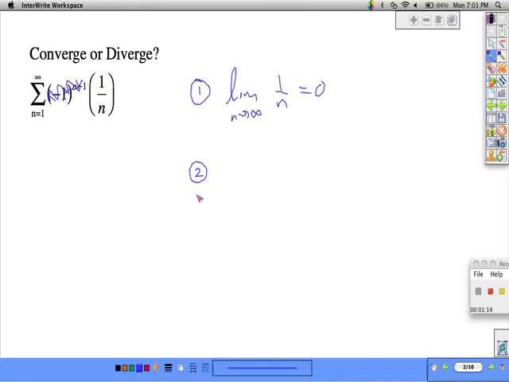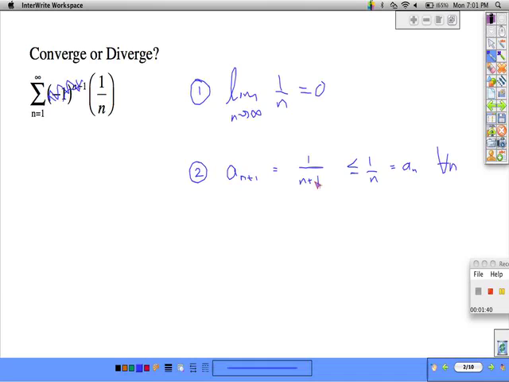Second condition, a sub n plus 1 equals 1 over n plus 1. The question is, is that less than or equal to 1 over n, our a sub n term, for all n? And that's true.